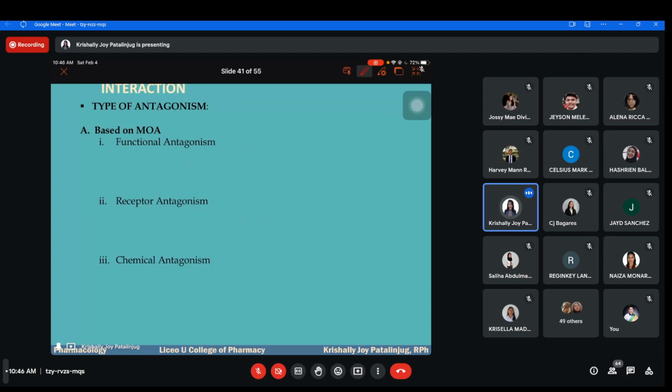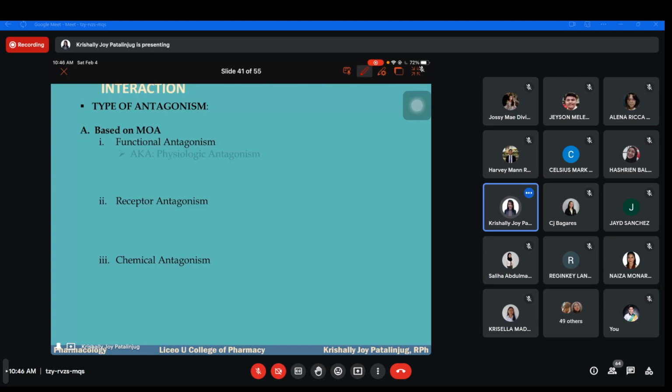So we will discuss that each. So let's start with mechanism of action. So under mechanism of action, pwede yung antagonism is via functional one, pwede din receptor or chemical antagonism.